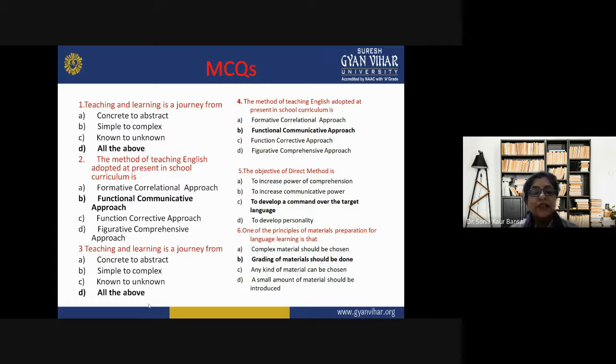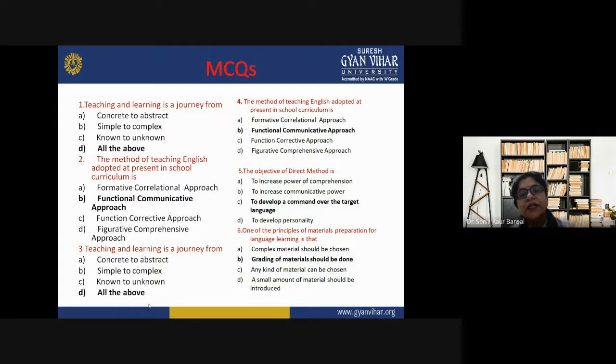So the correct answer of the second question is the functional communicative approach. Now the third: teaching and learning is a journey from concrete to abstract, simple to complex, known to unknown. All the above answers are correct.